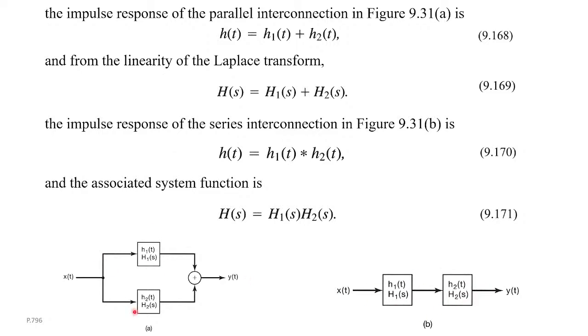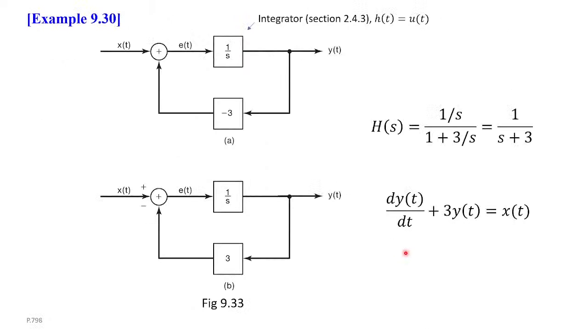Sorry, this is a zero. So you have a parallel connection, then it's summing together, and you have a zero connection, they are multiplied together. And they have this basic building block, an integrator and a feedback loop. Then you can build the differential equation like this.